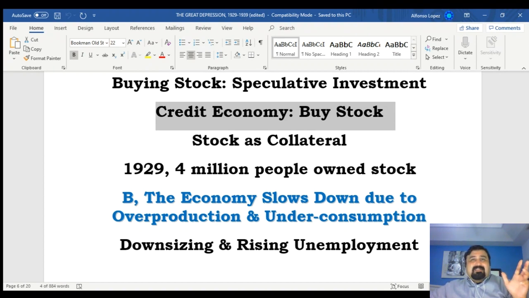And why not? In other words, I'm going to borrow money, buy shares, because I predict that my shares are going to increase in worth and I will be able to pay back the loan. So once again, they're going to go to the bank. They're going to request a loan.